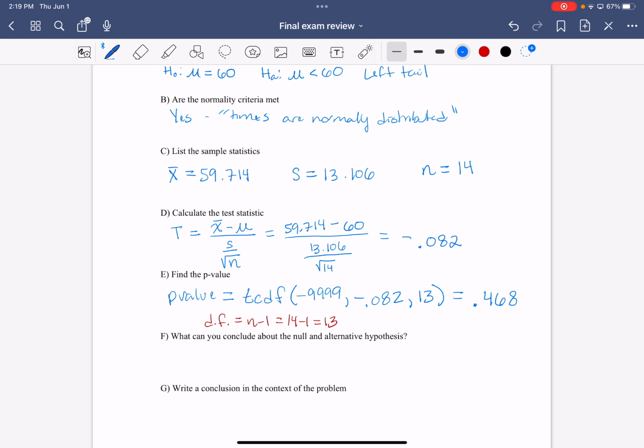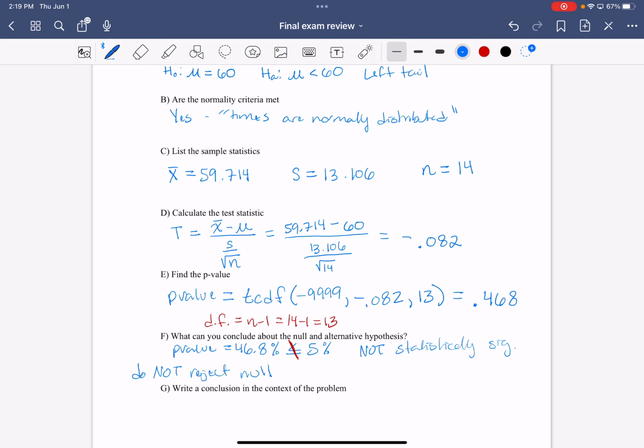So, what can you conclude about the null and alternative? Well, our p-value is 46.8%, which is that less than or equal to 5%? No, it's not. It is not less than our level of significance. Therefore, is it or is it not statistically significant? Not statistically significant. We reject or do not reject the null? Do not reject the null.